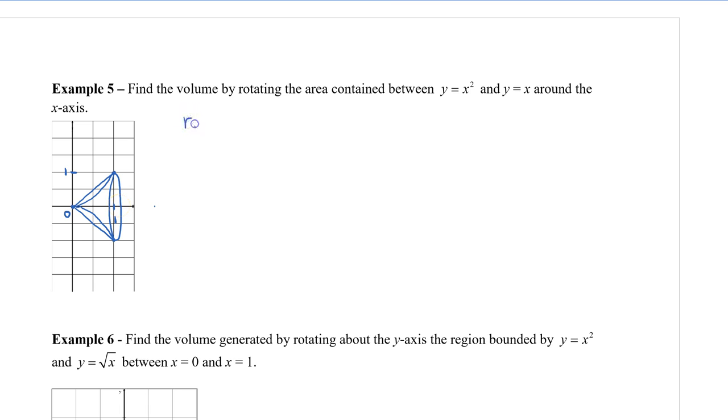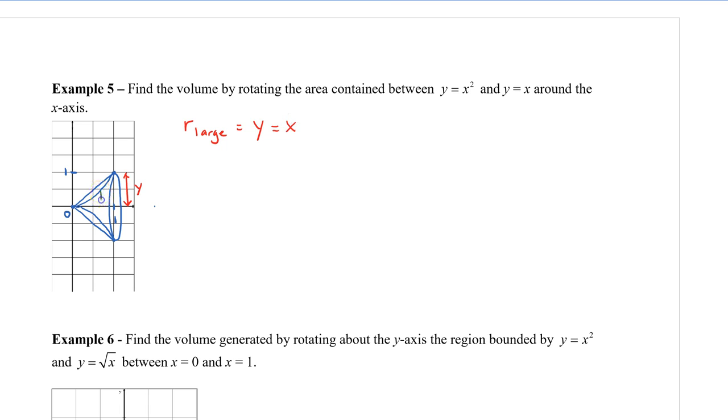So I like to find the radius of each of the rings. So the radius of the large circle, actually let's color code this too. The radius of the large circle would equal a distance of y, and so in our case this is going to equal x.